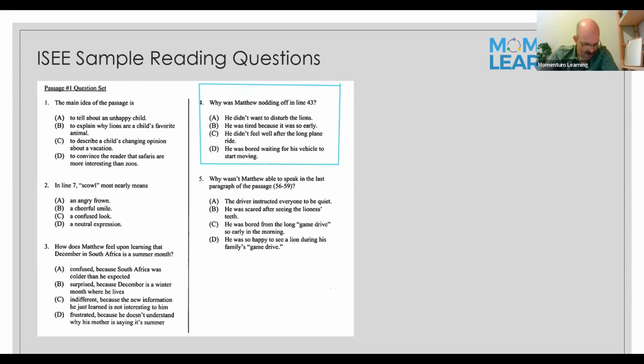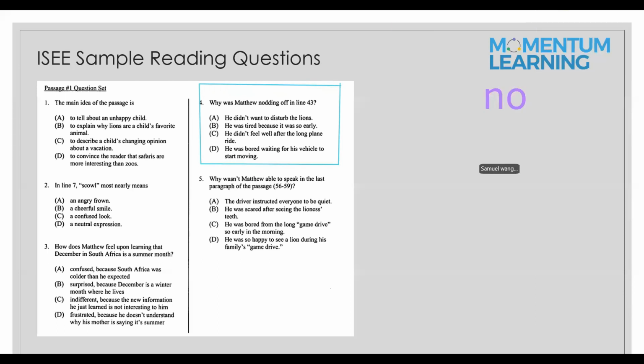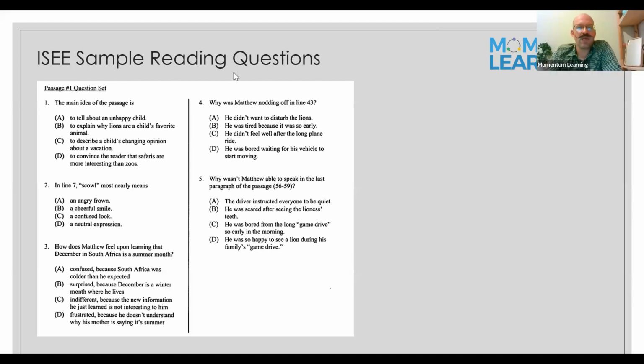Olivia, is Matthew unhappy beginning, middle, and end? Not really, because in the end, when he saw the lion, he was surprised and kind of happy. Yeah, so we get evidence that this one is not the case.